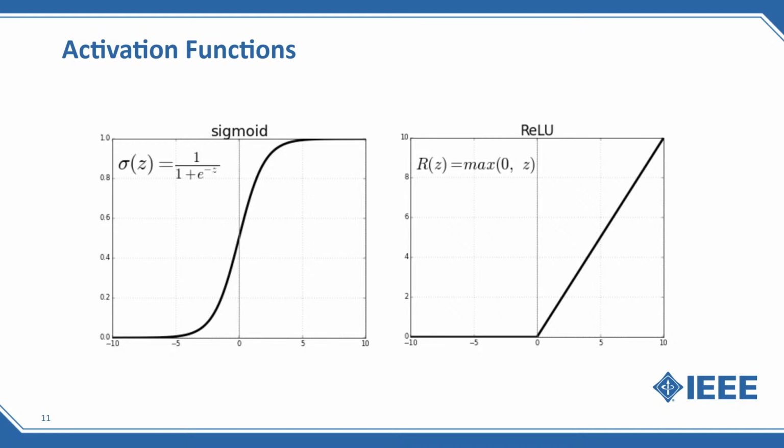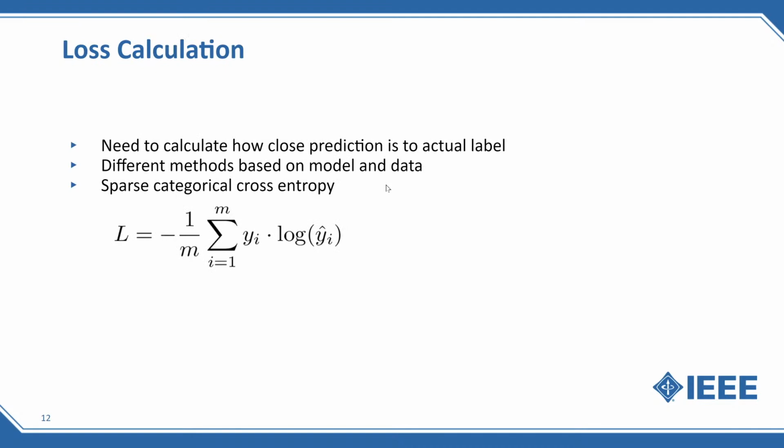So what this would mean is if you passed in the sum of 3 values and the sum was greater than 0, you'd get the sum out, but if it's less than 0, you get 0. Both these activation functions are useful in certain applications. And picking your activation function is also part of the design of the network that matters as you get more involved into these.